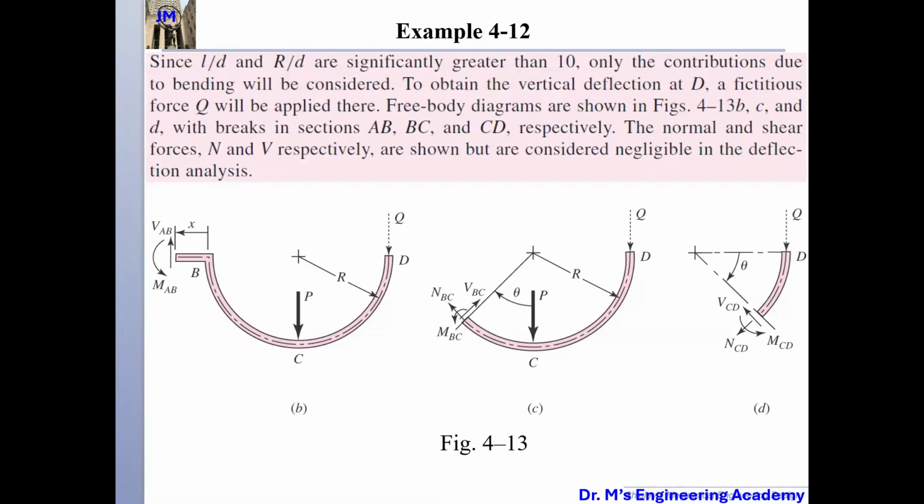So if I draw a horizontal line, this will be the effective arm of this force. Do you agree? So P multiplied by its effective arm to the point is the moment the P generates.